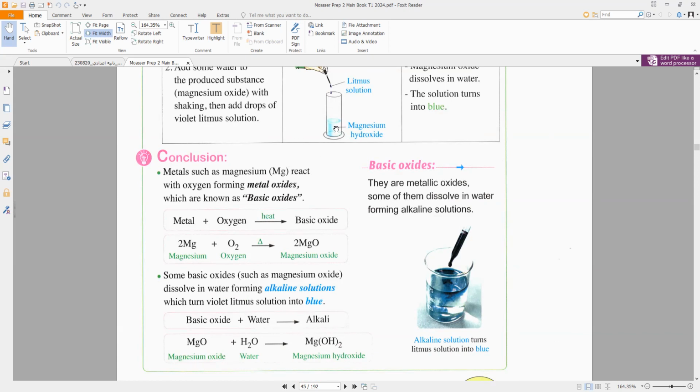When we add it to a solution and it changes color from violet to blue, the solution has a base. So why do we say the oxide that formed is a basic oxide? Because when it dissolves in water, it changes the litmus solution from violet to blue. This is how the metal reacts.